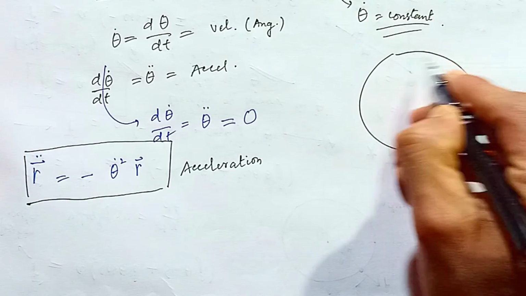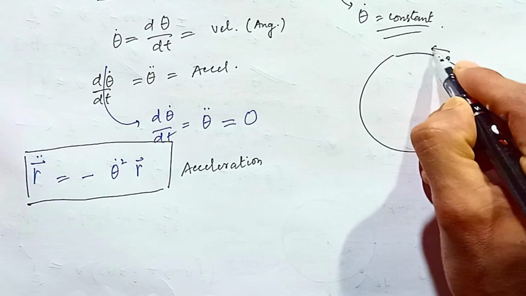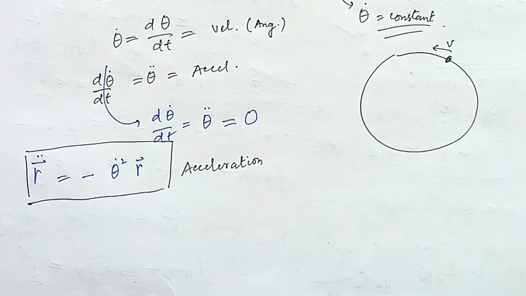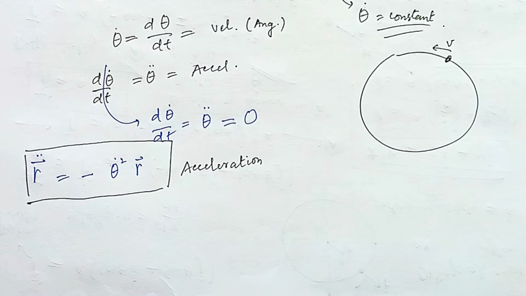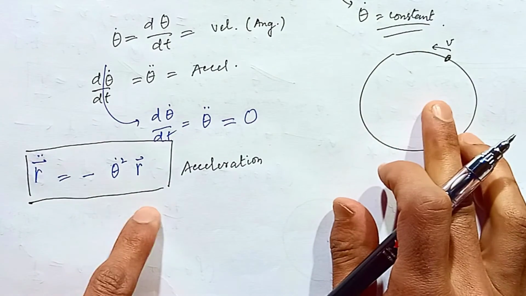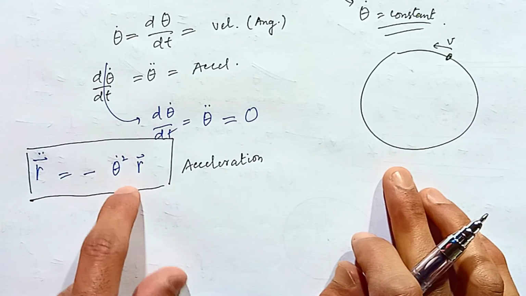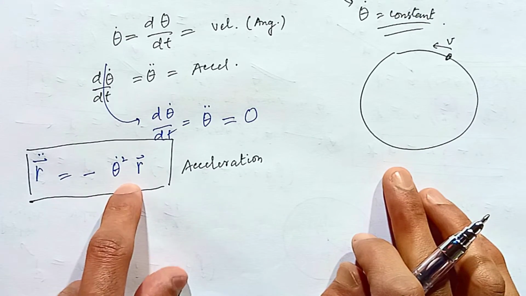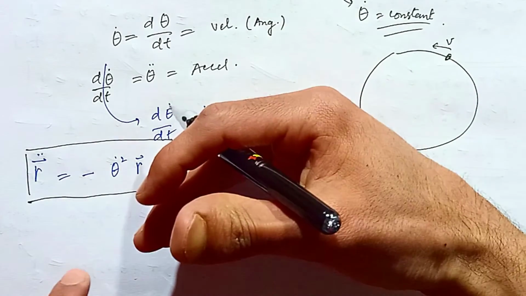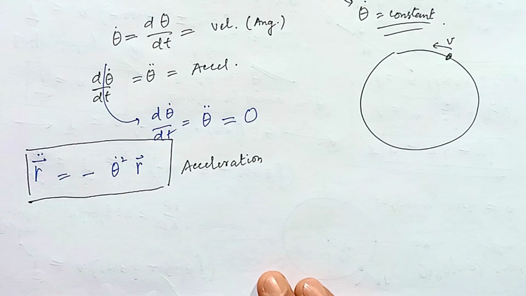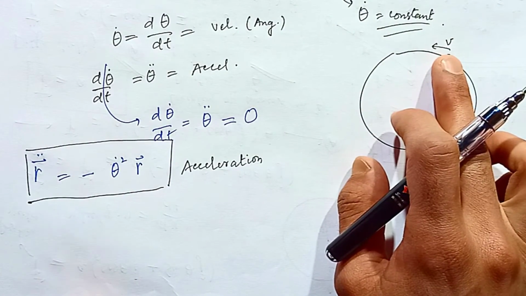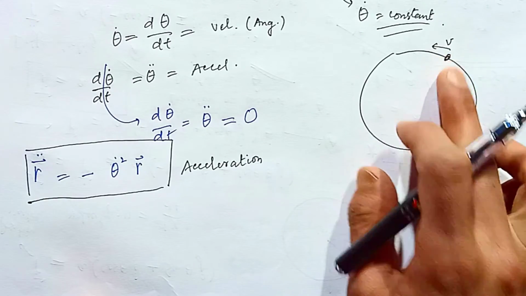This is the circular path, and the particle is moving with constant velocity, but still it is facing an acceleration, and that acceleration is brought in by this very component, because the direction is still changing, even though the magnitude is kept constant.